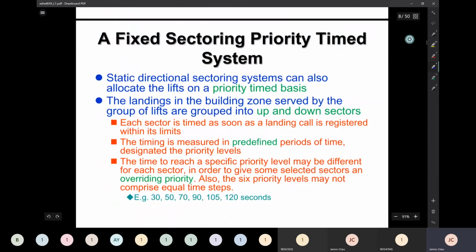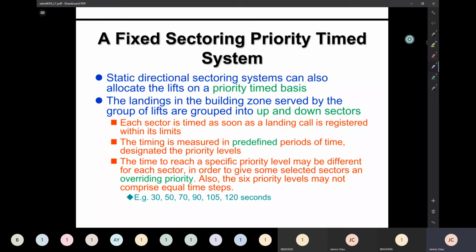Now another approach, we apply the fixed sector. It is the priority timed system. It depends on the waiting time of the passenger. We classify the priority, so that the longer the passenger waits, we will make his or her priority higher, so that the car may serve them immediately.